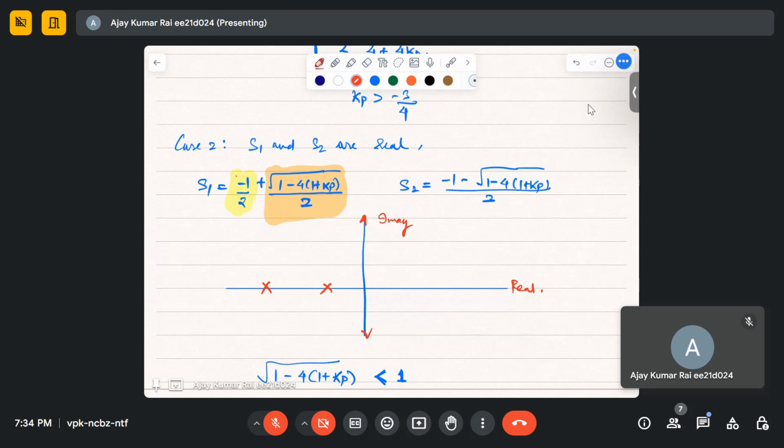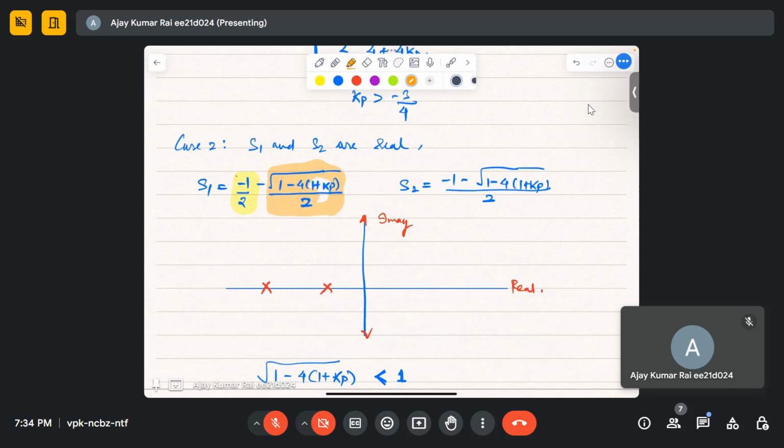So we want this. Let me put minus here. This is part 1 and this is part 2.